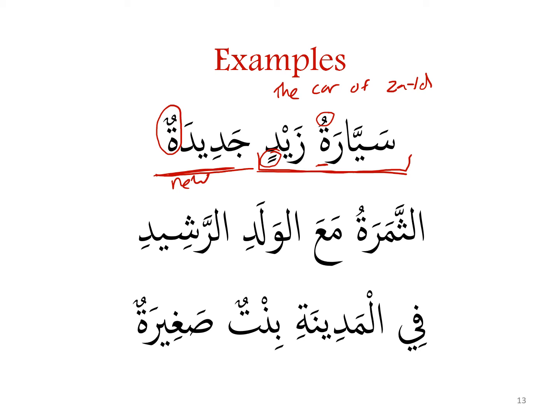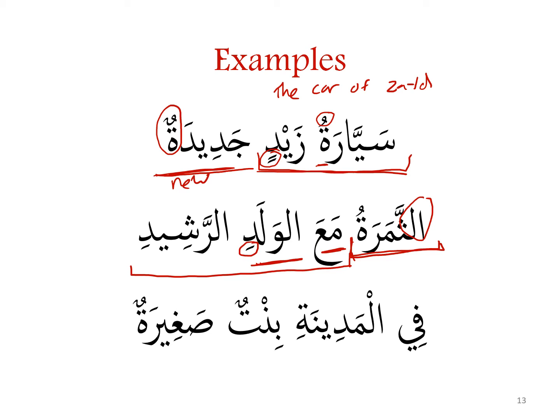Al-thamaratu, it's definite, alif lam, it's an ism, so this is the mubtada, just this by itself. Because the rest becomes the khabar. But with the khabar here, it's a phrase together intertwining with another phrase. So we have ma'al waladi. That's a harf jar followed by an ism with a kasra.